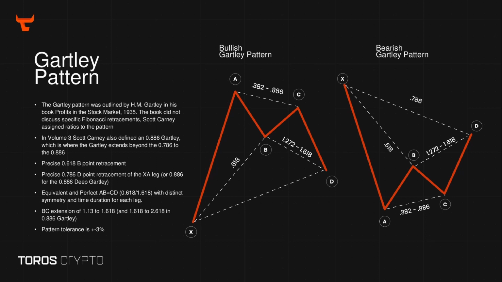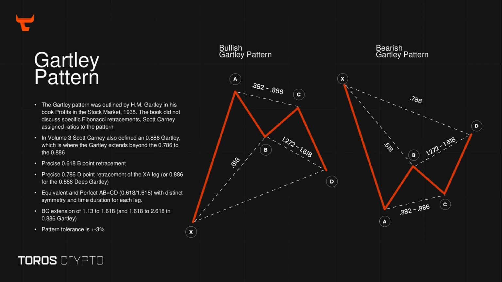That is the same as the regular Gartley, except it comes down to an 886 instead of a 786 at that D point. The key level of the Gartley is obviously from that X to A leg, where you're looking at a 618 retracement. So it's important that the 618 is maintained and is as close as possible, because that's what gives the Gartley its unique structure.